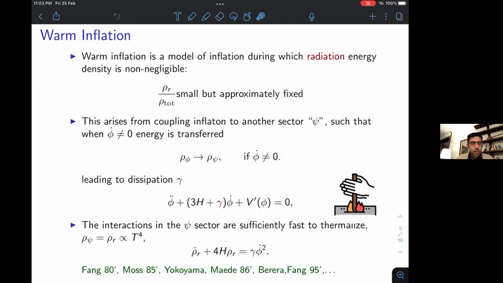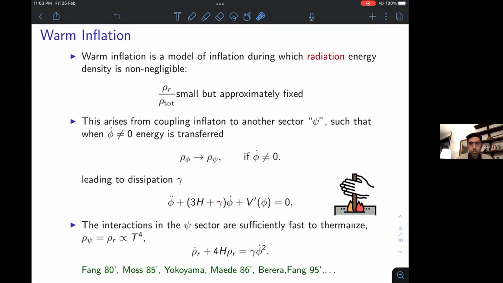There has been some interest in it in recent years, and it is a perfect example of how EFT can be applied to a problem in cosmology. So I thought it would be nice to talk about this example.